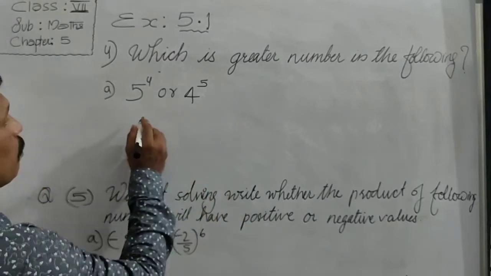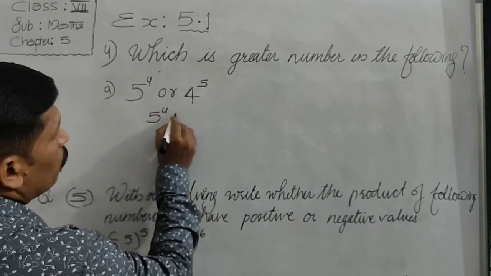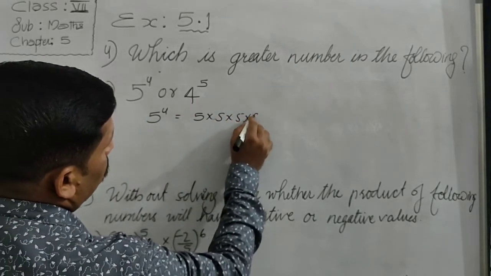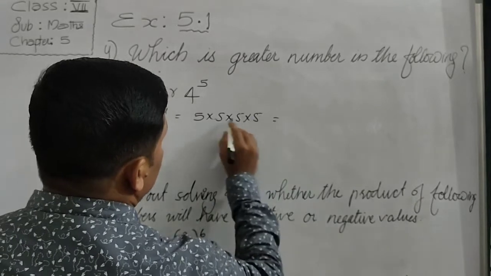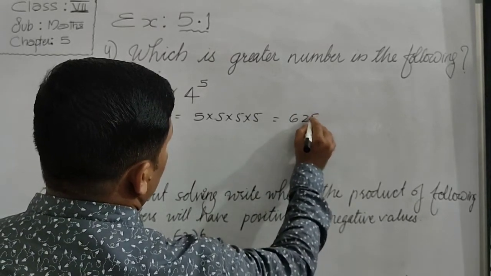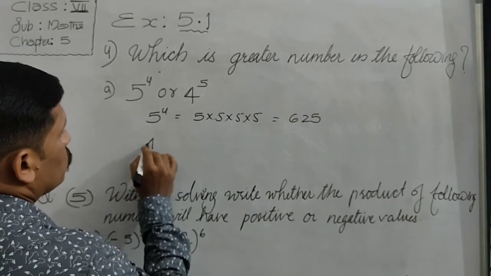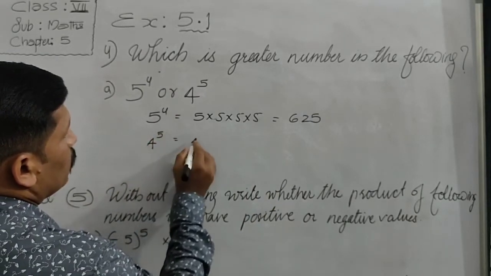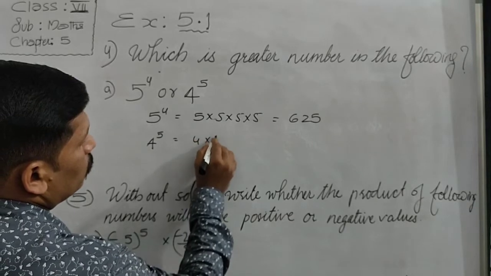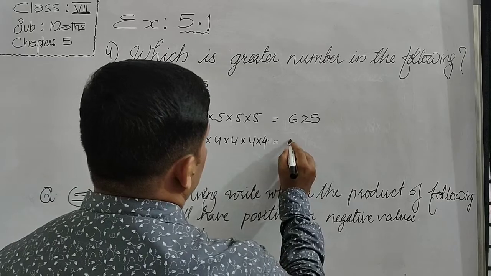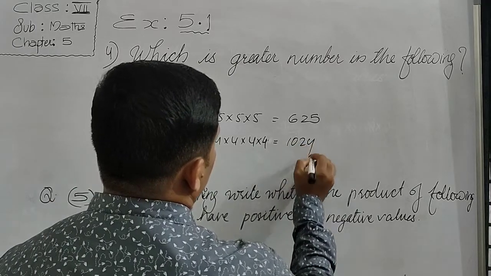First of all, we see 5 power 4. 5 power 4 means 5 multiplied four times. That is equal to 5 5s are 25, 25 5s are 625. We found this before in another question. Next, 4 power 5, that is 4 five times. 4 into 4 into 4 into 4 into 4 is equal to 1024.